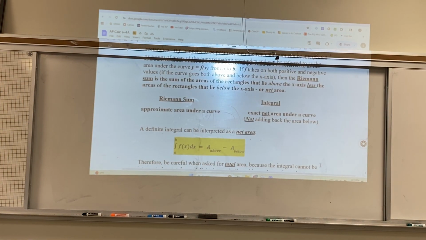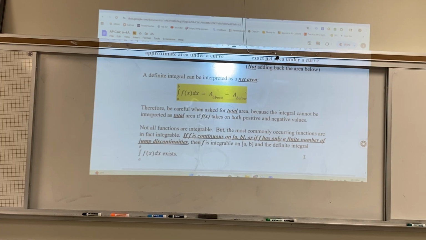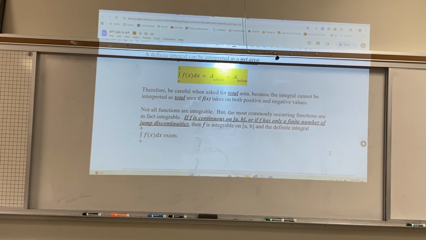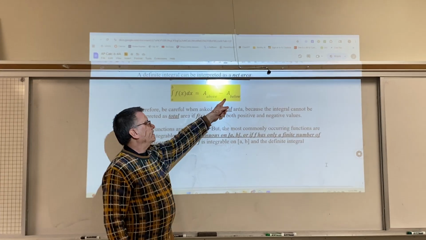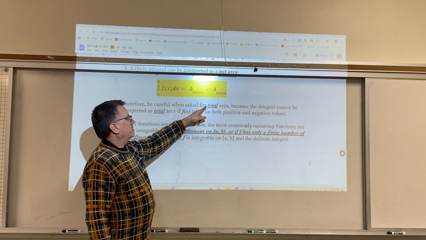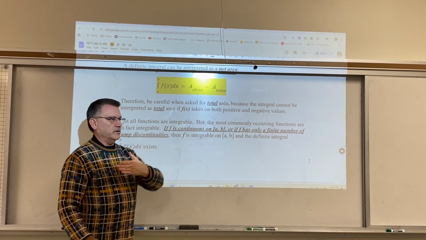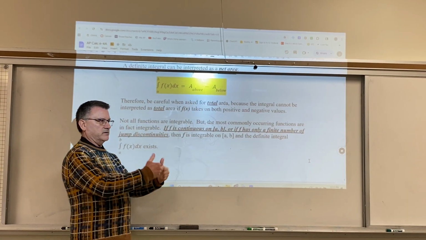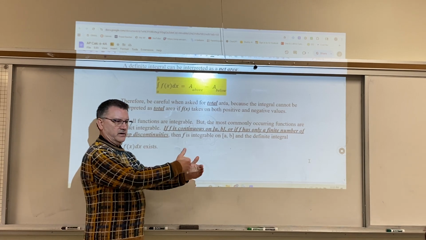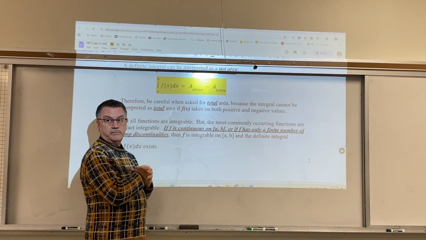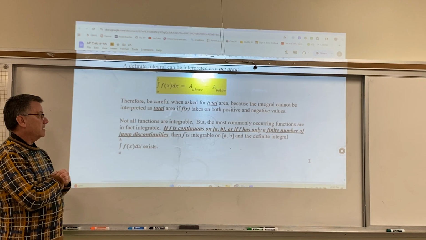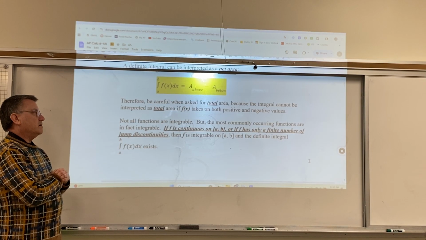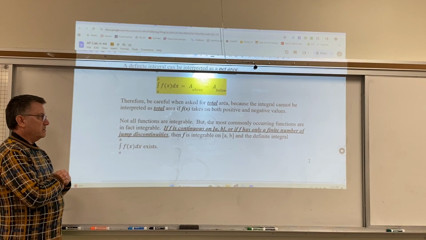But just remember, if you want total area, you're going to have to add back anything that was negative, because you took it away to get net area. And if you're estimating, any of those negative heights that you got, make them positive and add them back. Absolute value though. Okay. Not all functions you can take the integral of.